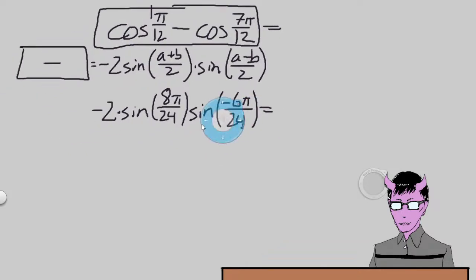So there we go. We just got to simplify this. So divide by 8, divide by 8. Divide by 6, divide by 6.